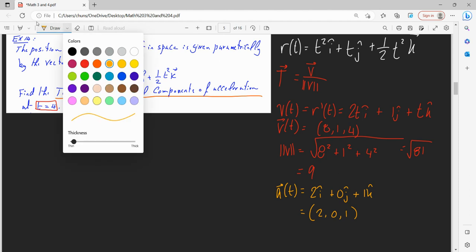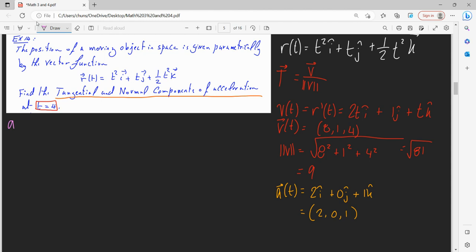So we know that for our tangent component of acceleration, we are going to need our velocity, take a dot product with a, and our speed. So we can solve that on our own right here.